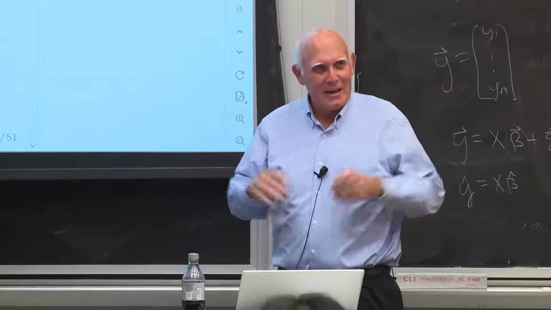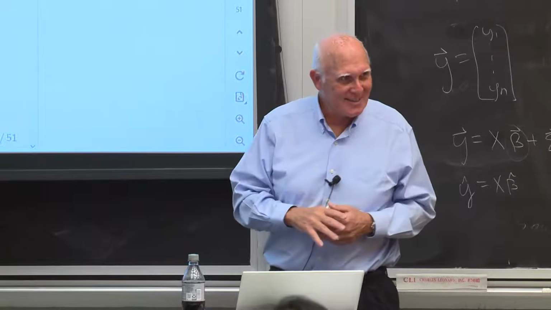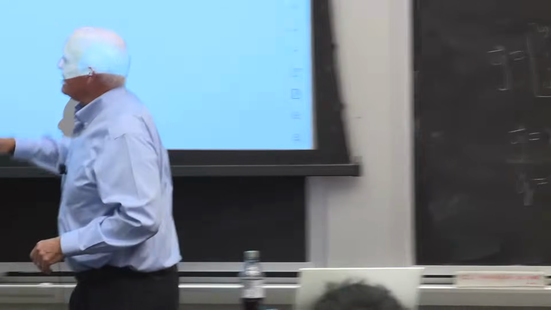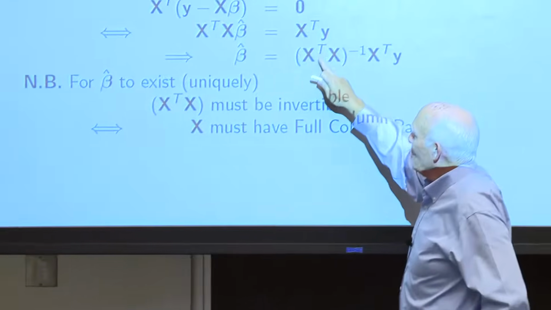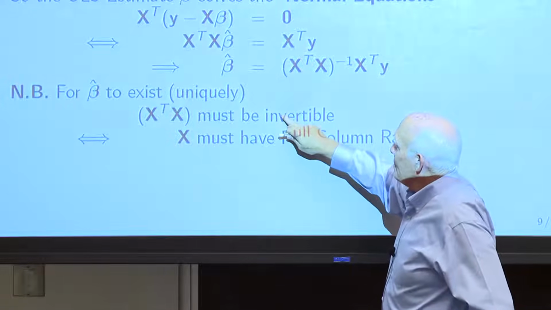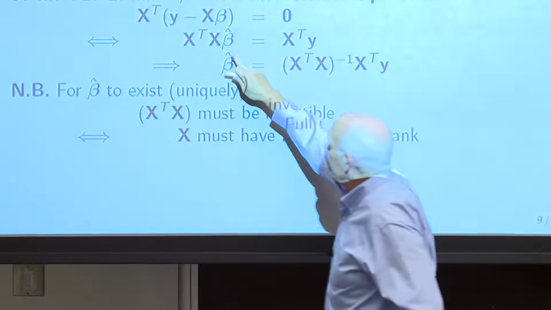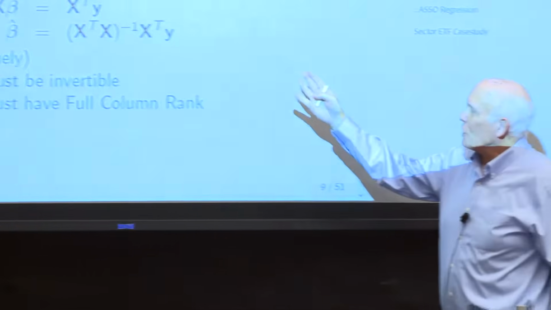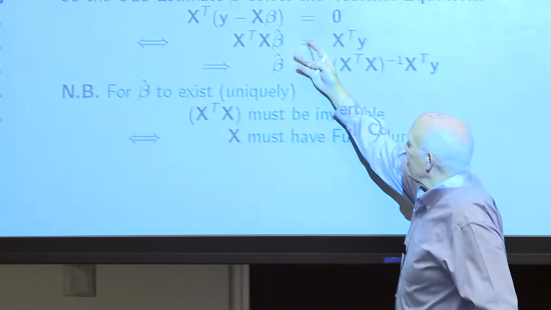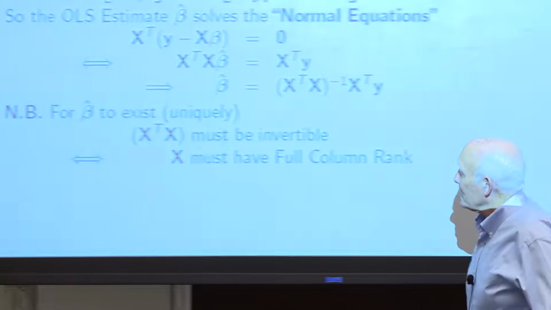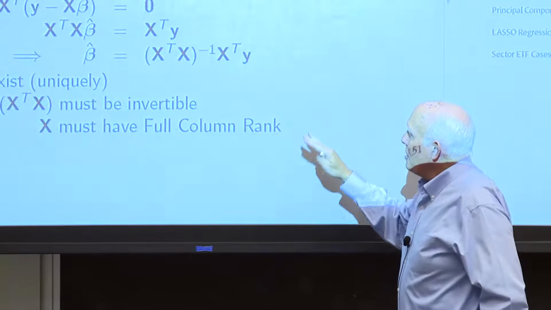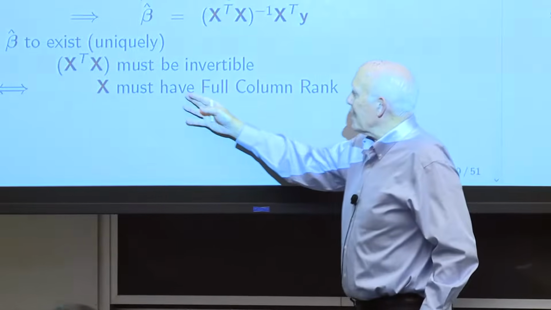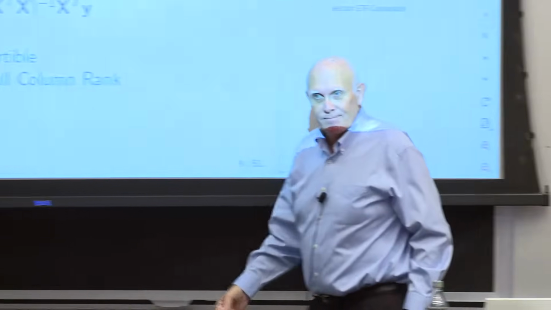Here we have what we call the normal equations. There's nothing really normal about it, but it's a way of specifying a set of equations that we need to solve. And if the X transpose X matrix is invertible, then we have a solution by multiplying both sides of this equation by the inverse. And in order for this process to work, we need to have that X must have full column rank.